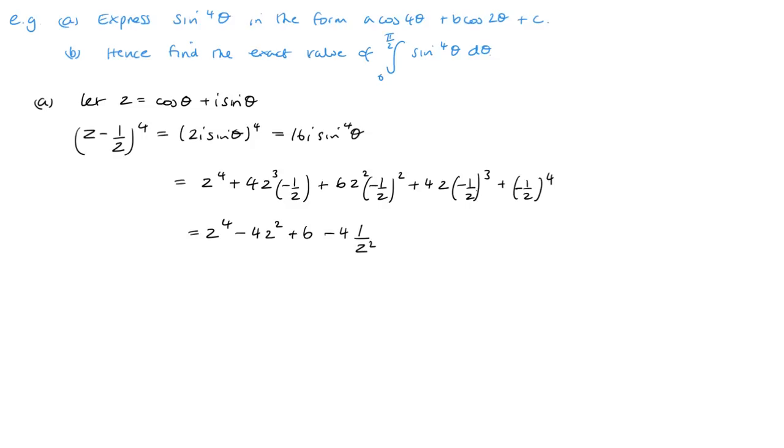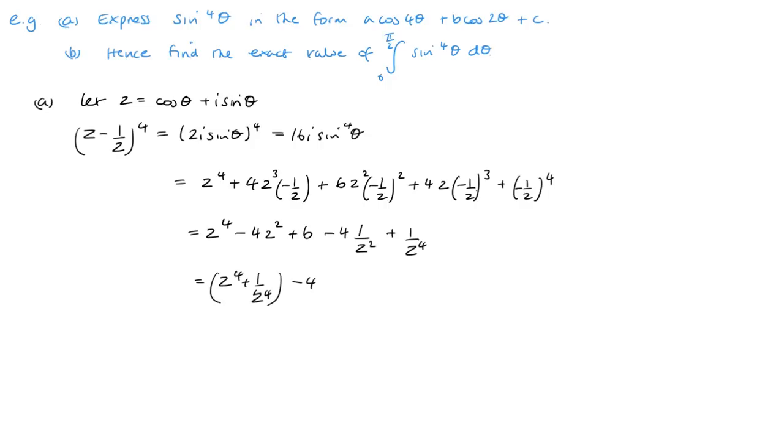And then this is going to be minus, then plus 1 over z to the 4. So putting them together, we get this.